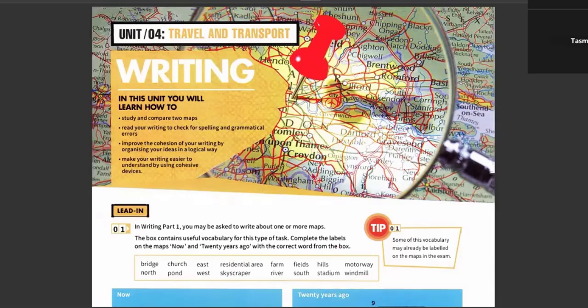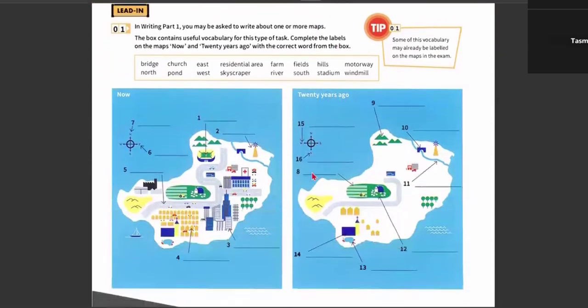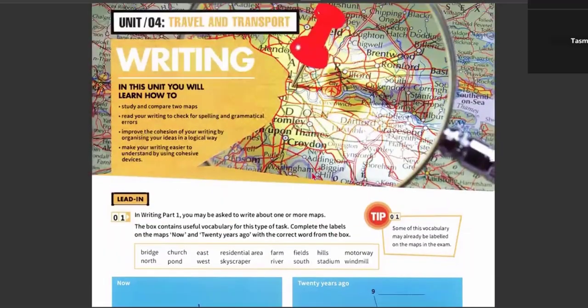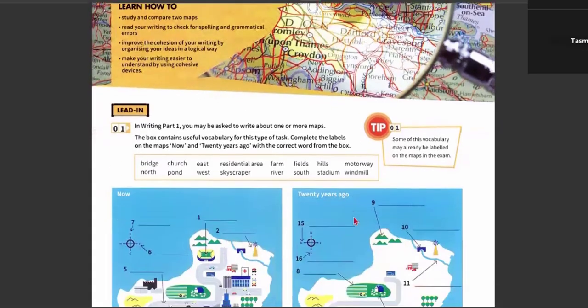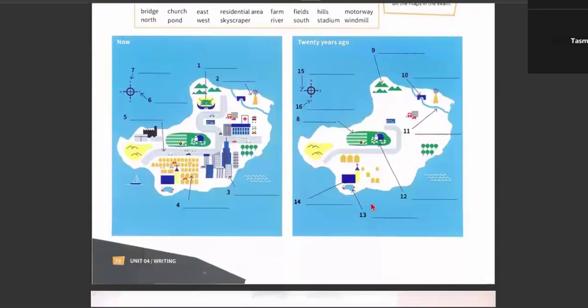Now, for this unit, we will be looking at maps. There can also be a task where you will be given a map or a picture of a map, that could be of a country, of a place, of a park, or a city, or maybe a resort, or just some sort of map.